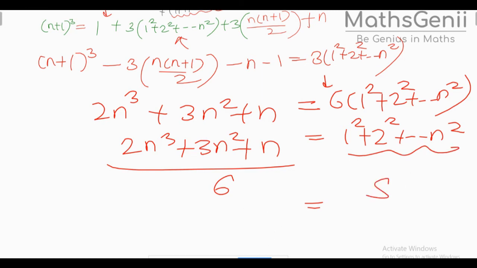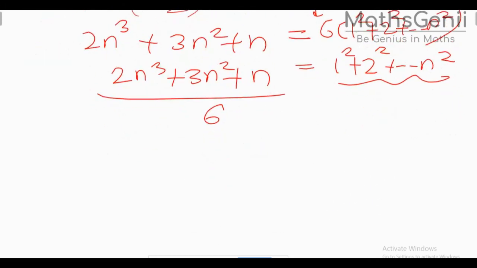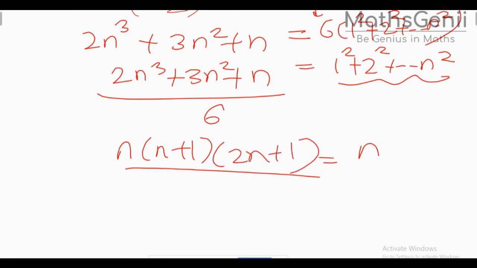If you further simplify this using your binomial theorem, you will get the formula n into n plus 1 into 2n plus 1 upon 6. You can check, you can expand this and you can check. So n into n will give you n square plus n, so you have here plus n.